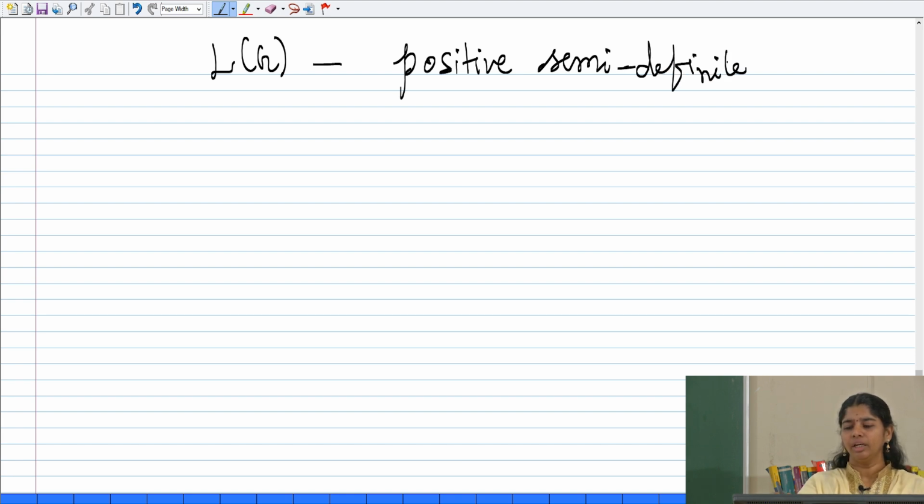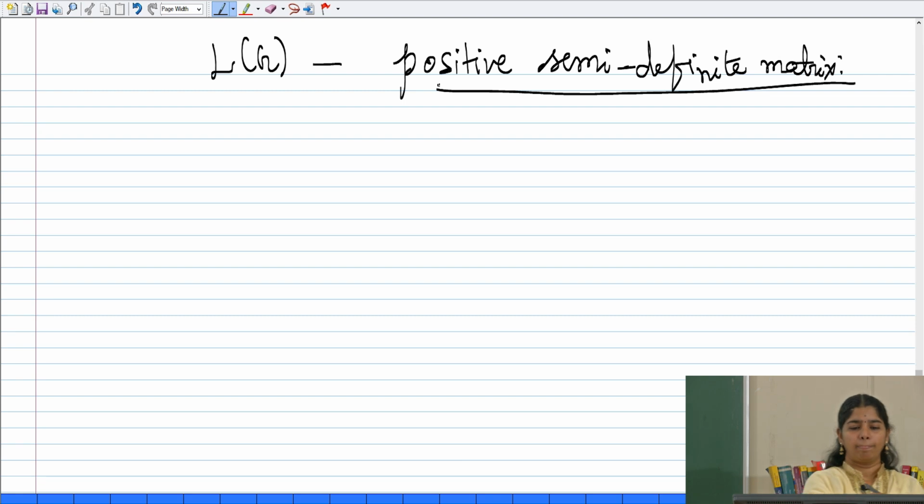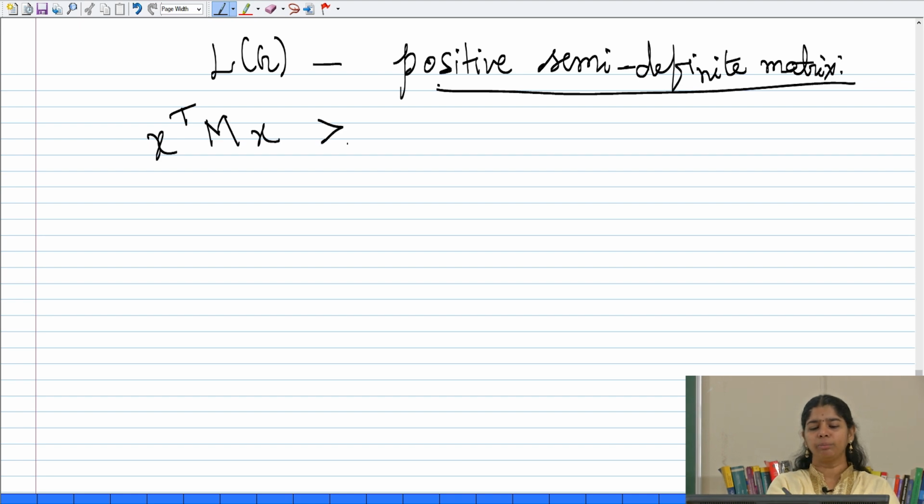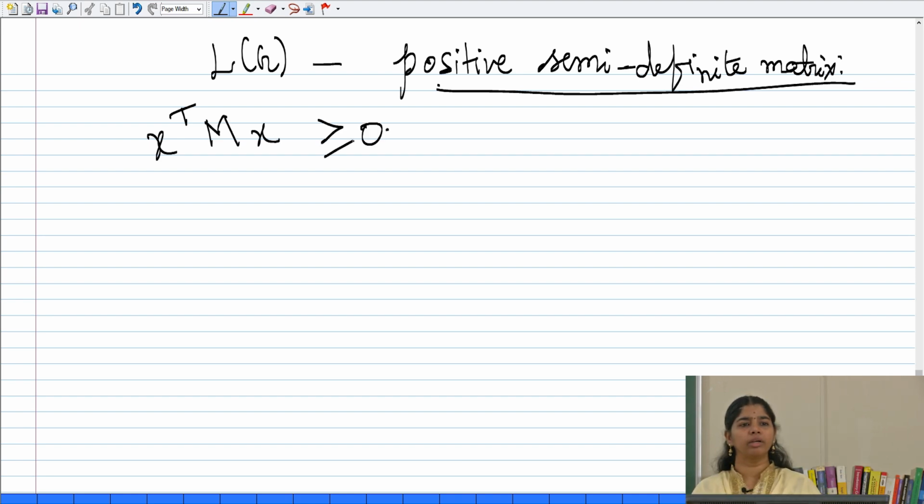Given a matrix M, we say a matrix is positive semi-definite if, I will give the general definition, for any vector x, x transpose M x is greater than or equal to 0, right. Then we say that the matrix is positive semi-definite. So, here L of G also satisfies this property.